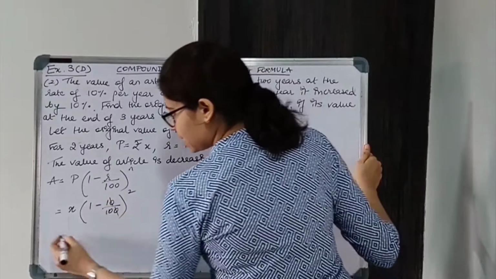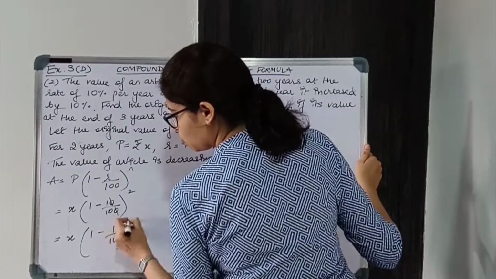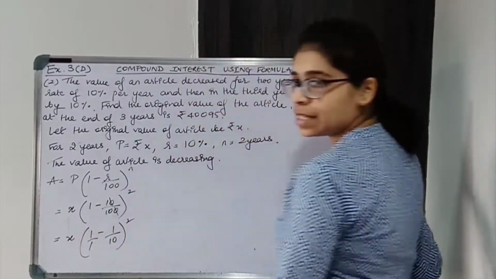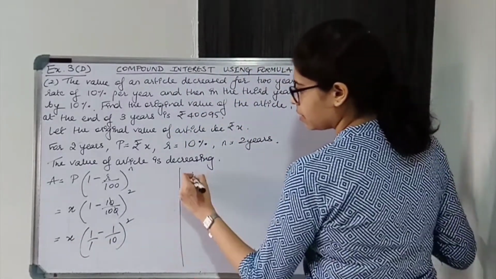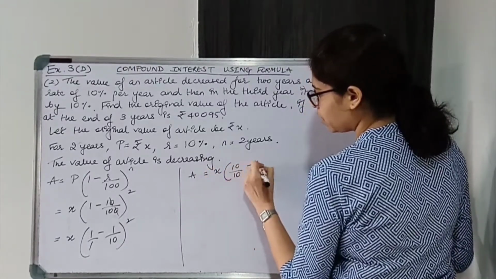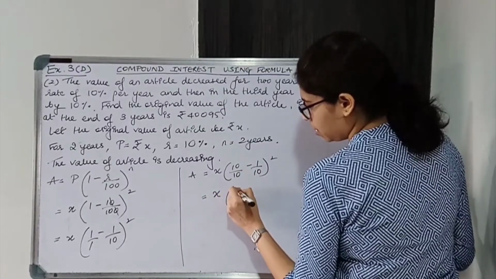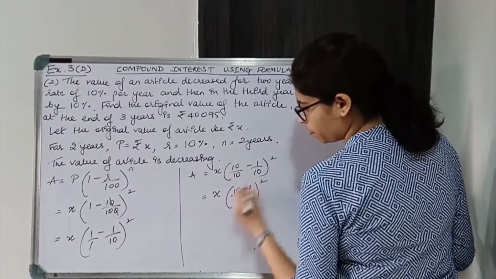0, 0 gets cancelled. So we are left with X into 1 minus 1 upon 10 raised to 2. Let's take LCM. So A is equal to X into 10 upon 10 minus 1 upon 10 raised to 2. So we get 10 minus 1 upon 10 raised to 2.